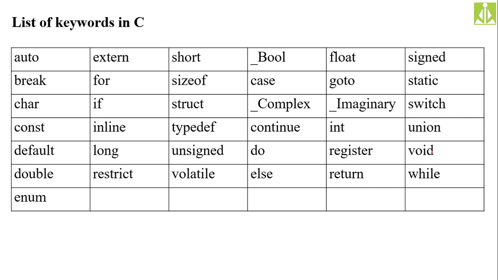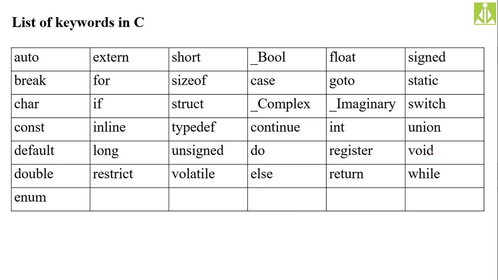All these keywords we are seeing in this table have special meaning in your C language. When you use these keywords in your C program, they will exhibit their meaning there.